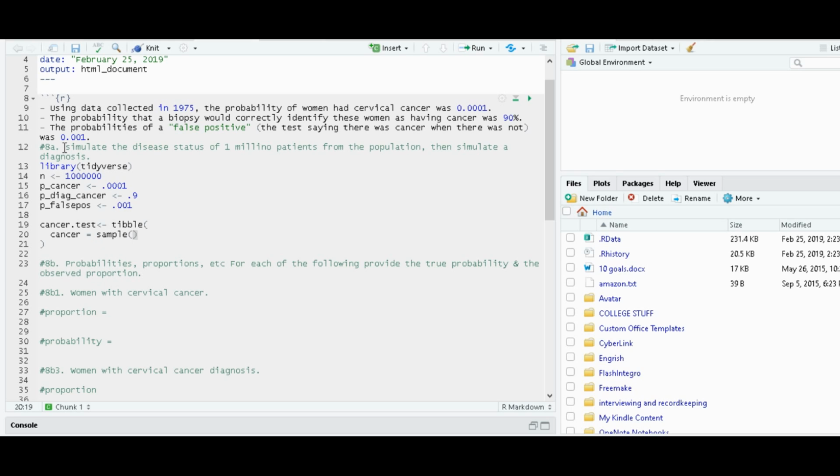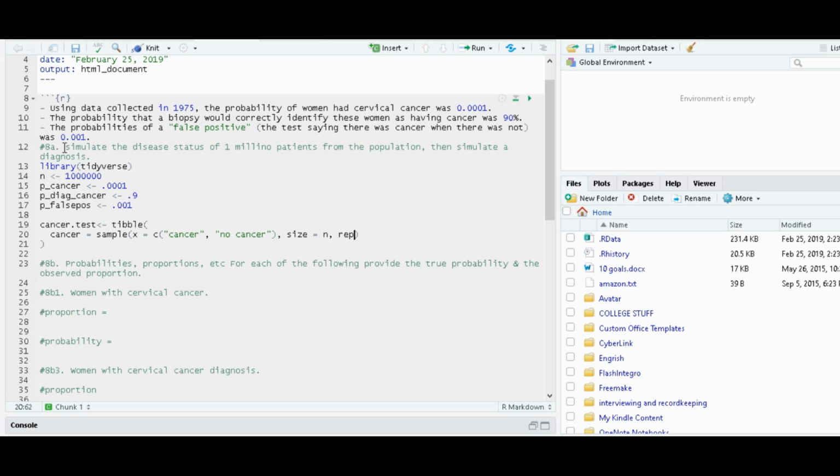We have to sample the population to see who has cancer and who doesn't. So X is equal to a combination of those with cancer and then those without cancer. The size of our sample is going to be equal to the size of the population.